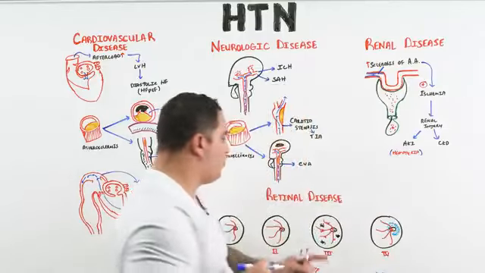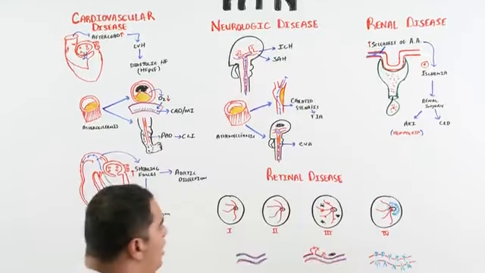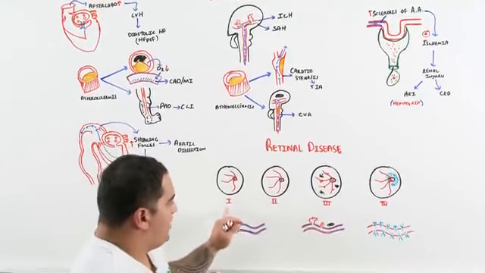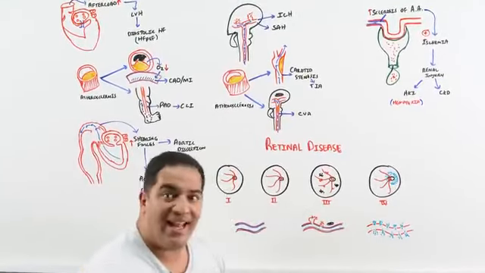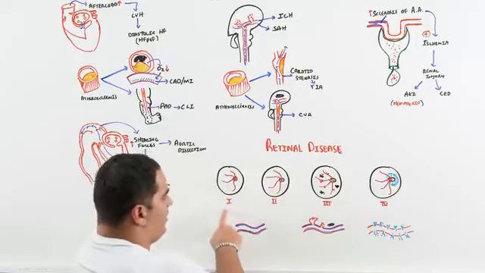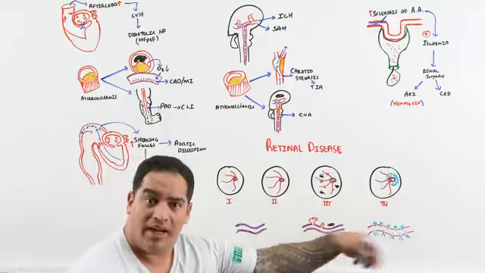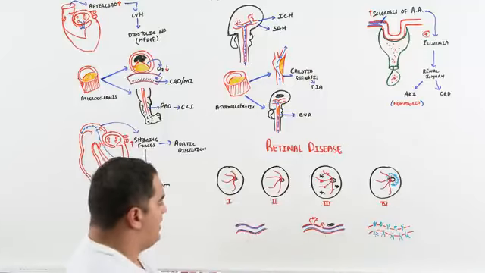All right, the next one, and the last one, is retinal disease. So this one's interesting. In patients who have retinal disease, we have different grades of hypertensive retinopathy, right? So we call this retinopathy. There's grade 1, grade 2, grade 3, grade 4. Obviously, as you go towards 4, it gets worse. The concept is the same though.